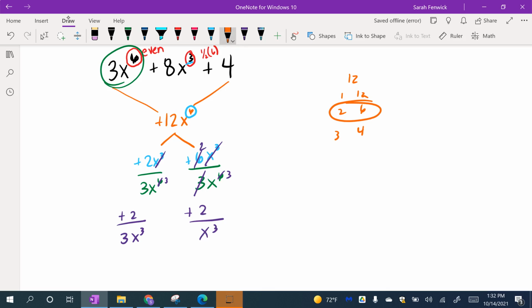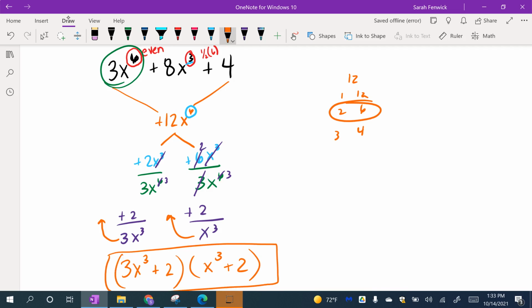If I bring those bottom pieces around, slide, I have 3x to the 3rd plus 2, and then x to the 3rd plus 2. Remember, if you FOIL or box these back out or use distribution to multiply them back out, they will give you back this original problem.